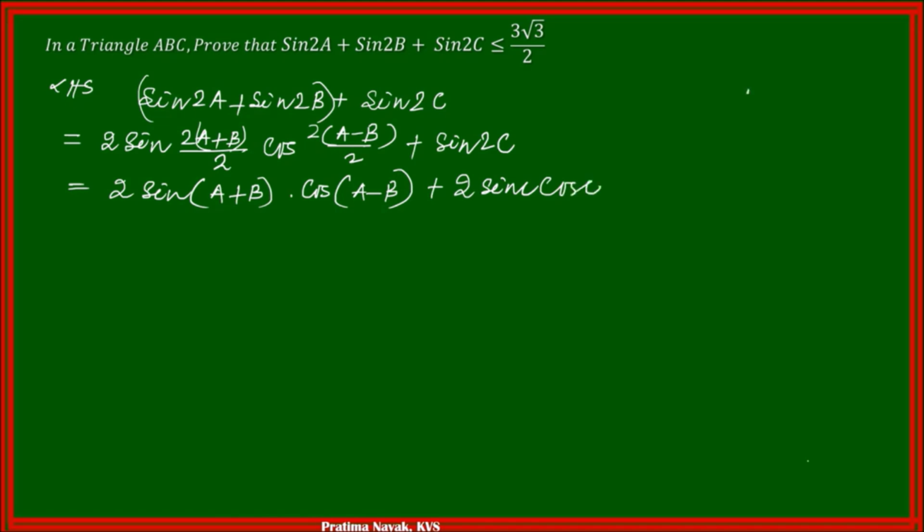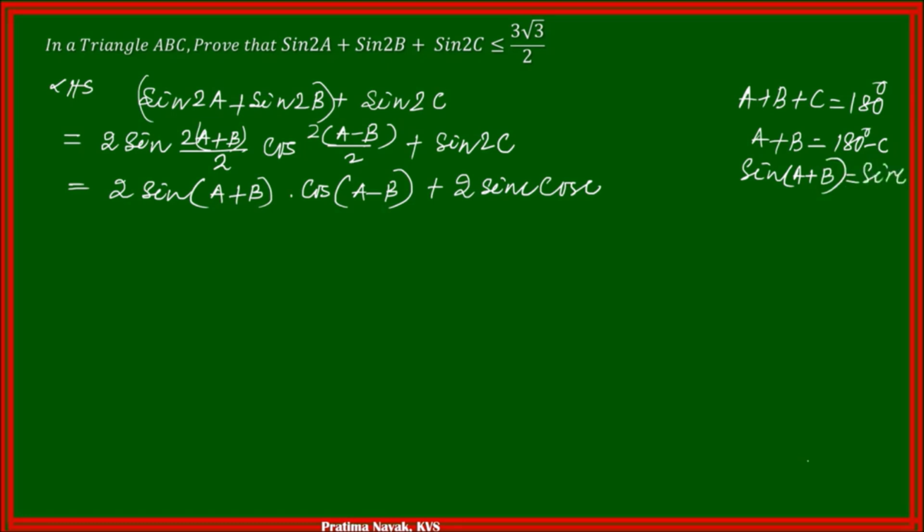Now when A plus B plus C equals 180 degree, because ABC is a triangle, A plus B equals 180 minus C. Sine of (A plus B) equals sine of (180 minus C).